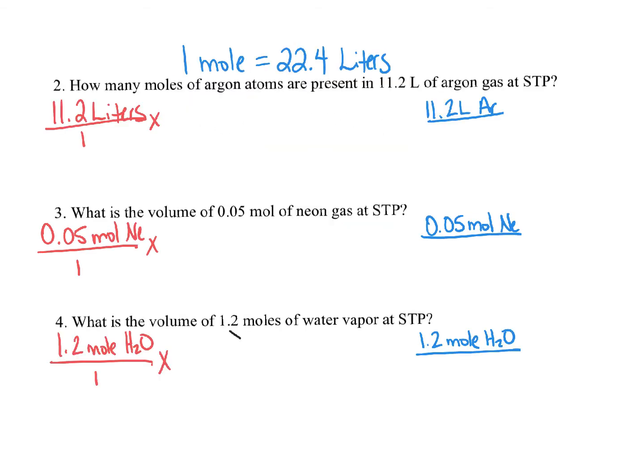So again, remember, we're looking at 1 mole is equal to 22.4 liters. And so again, the first step that you always want to do is pick out what you're given and write that down first. So notice 11.2 liters of argon is written in red and blue, depending on which way you do it. 0.05 moles of neon, 1.2 moles of water.